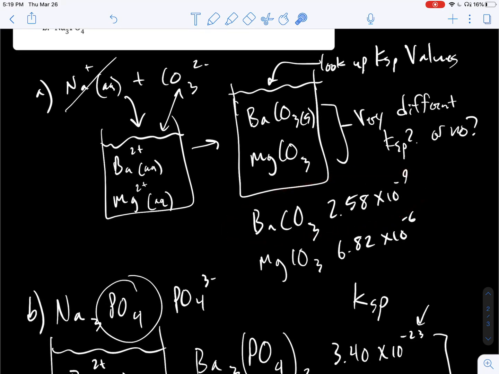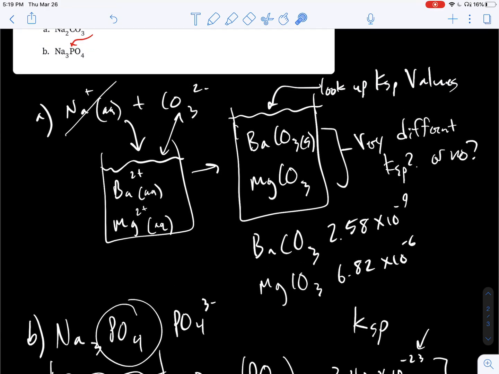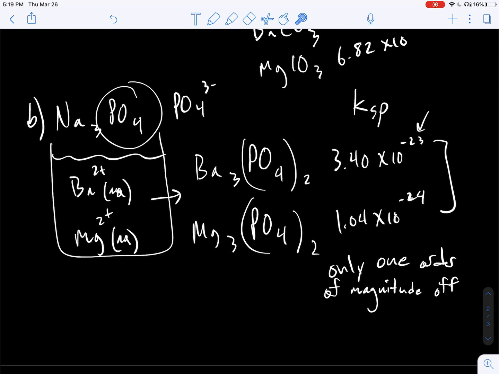Because of this 3 orders of magnitude difference, that's a massive amount of difference. If we added carbonate here, the barium carbonate would come out much more strongly than magnesium. In this case, we would get a lot of magnesium phosphate coming out of solution with the barium. So that one wouldn't work as well.